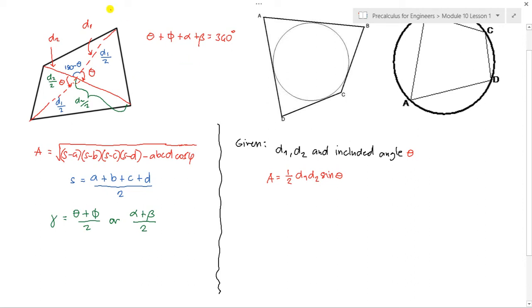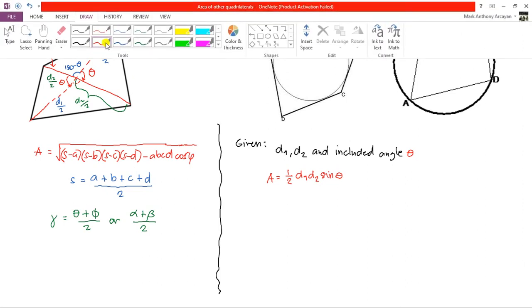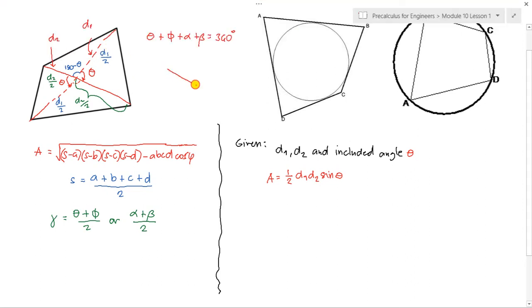Why? Since in our geometry, if we have an angle here, of course this one is also theta, because they are vertical angles. And if this is 180 minus theta, automatically this angle is also 180 minus theta.